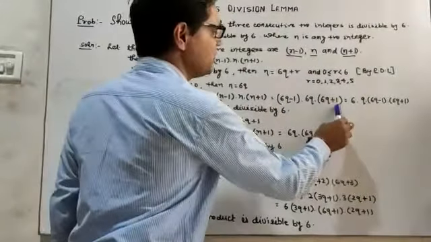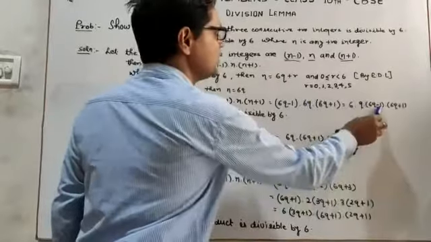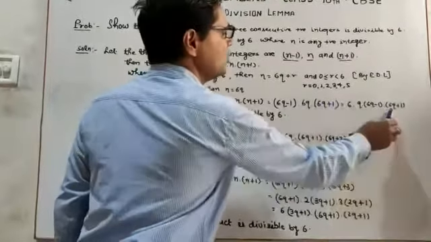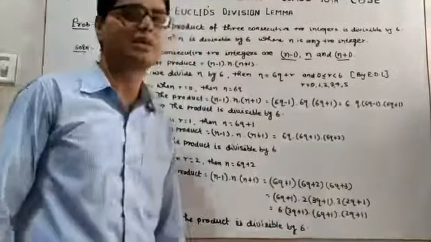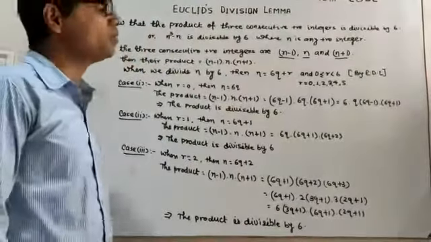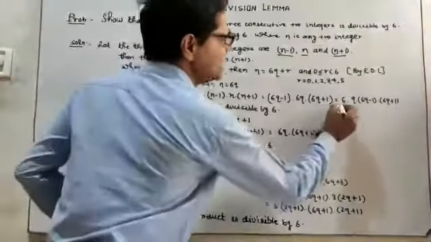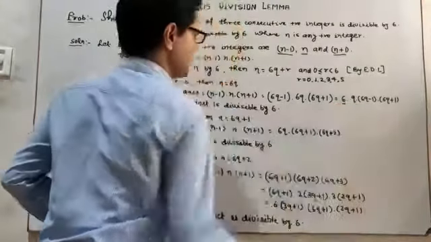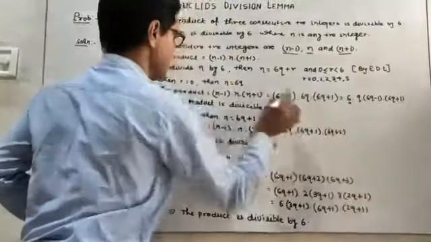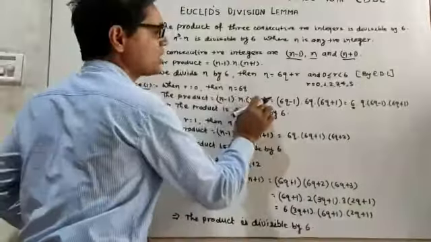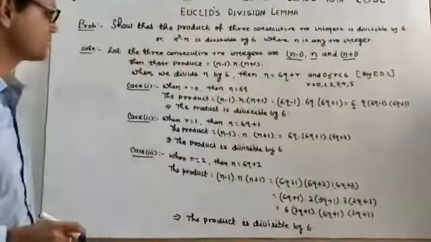The same can be written as 6 into q into 6q minus 1 into 6q plus 1, because the product of integers is commutative. Hence, we see 6 is a factor of the product, so the product will be divisible by 6.